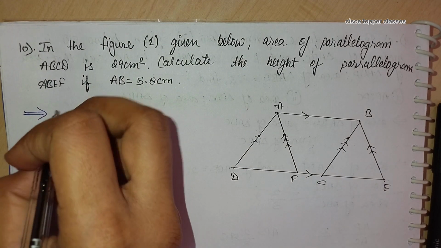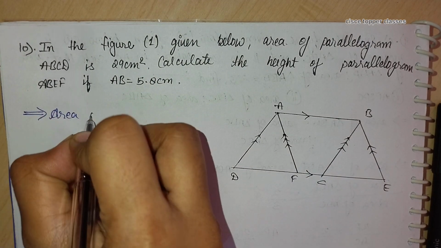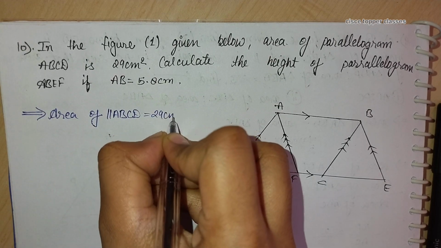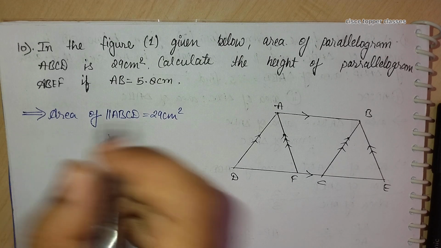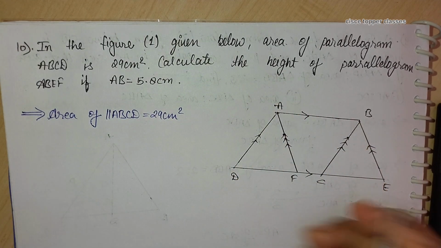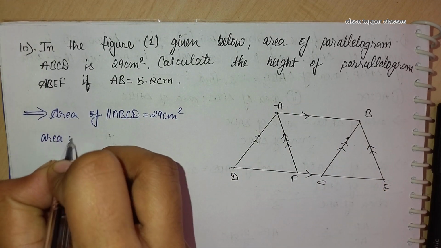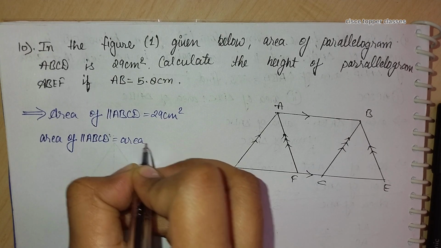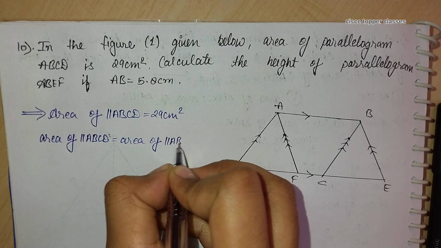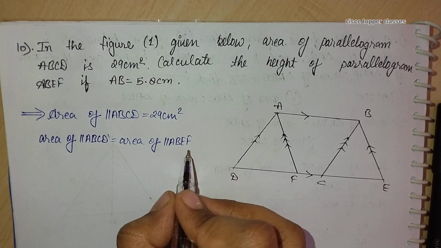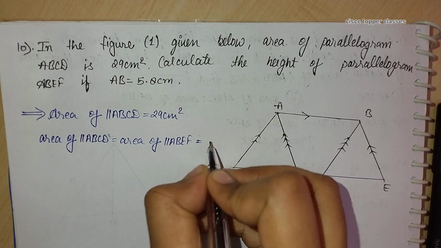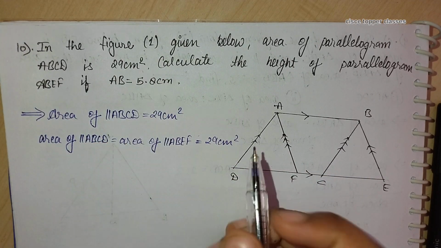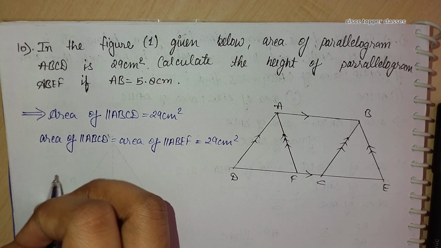So we can simply write here area of parallelogram ABCD is equal to 29 cm square, and because it is on the same base and the same parallel lines, area of parallelogram ABCD is equal to area of parallelogram ABEF. As both are equal, this is equal to 29 centimeters square only, because area of ABCD is 29 centimeters square. Now we have to find the value of height.